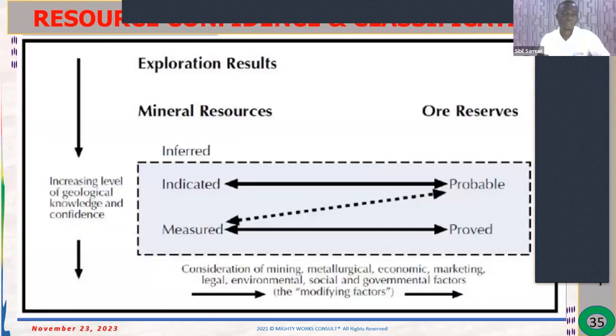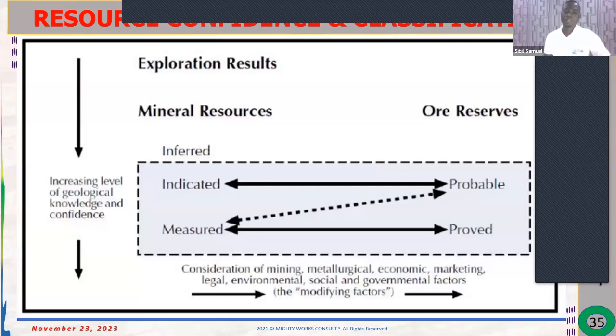Okay. So all this at the end is just to establish a model, and then the geologist will come out and say, okay, this is inferred, indicated, measured, based on the level of geological information that they've gotten.